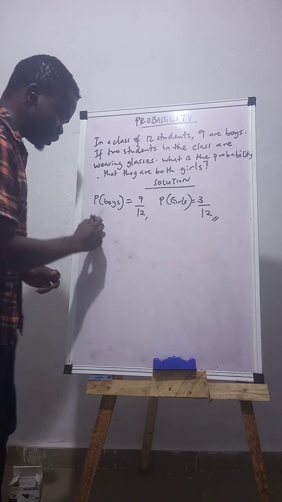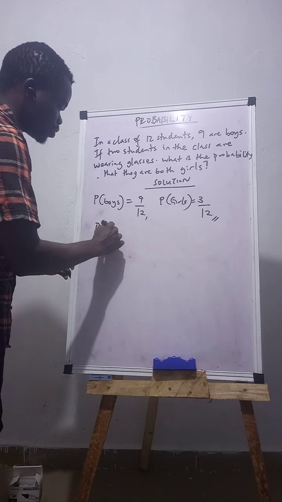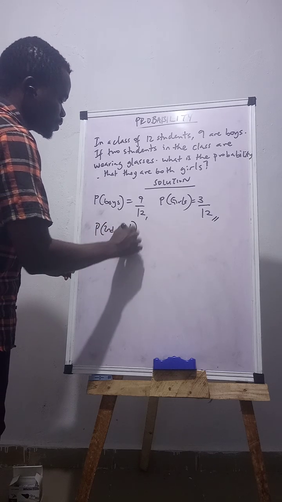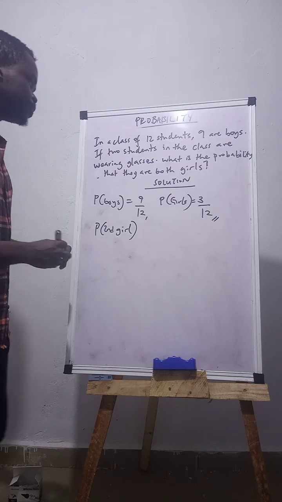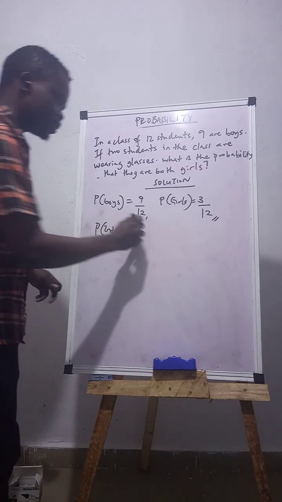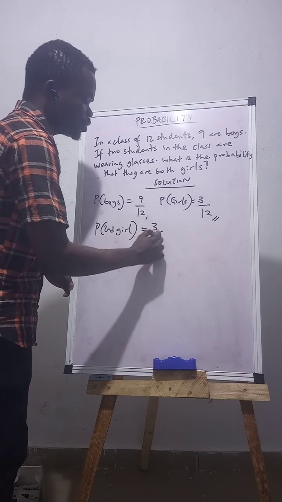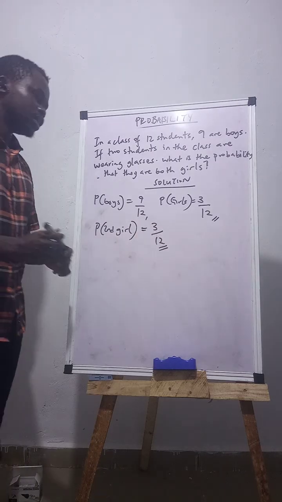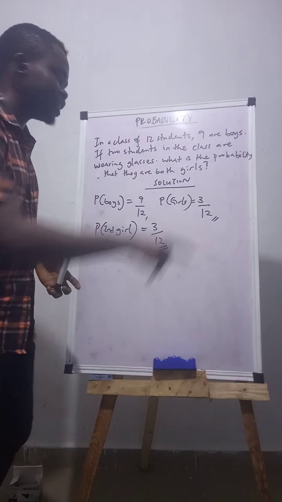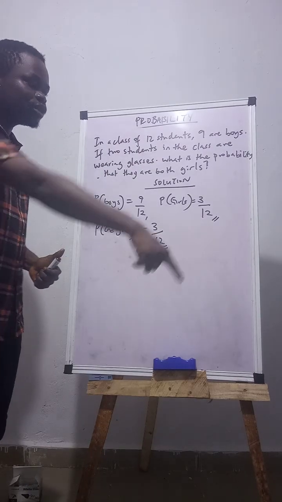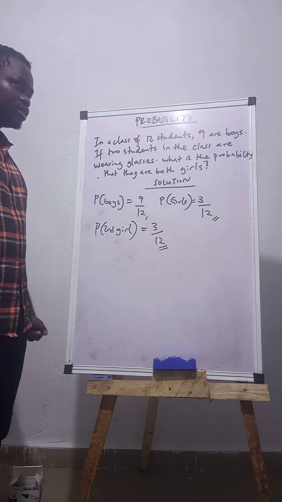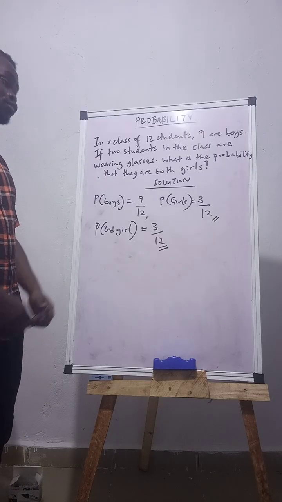The probability of the second girl will be 3 over 12, the same value, because we're only identifying the girls in the class. The first one being a girl is 3 over 12, the second one being a girl is also 3 over 12, because that's the probability of having the girls.